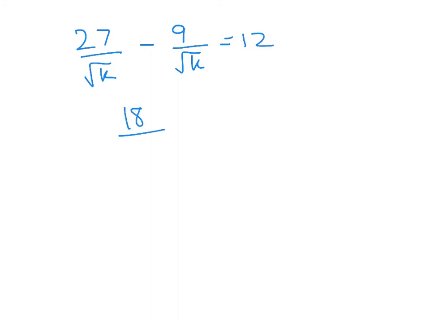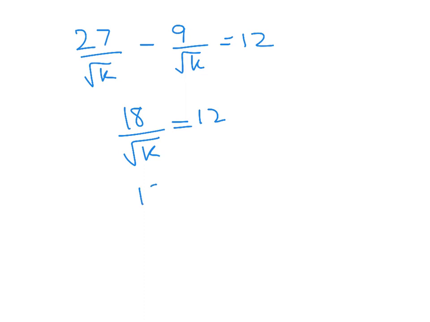So we've got 27 on root k minus all of that stuff from the last line simplifies to 9 on root k is equal to 12. 18 on root k, collecting up like terms, is equal to 12.